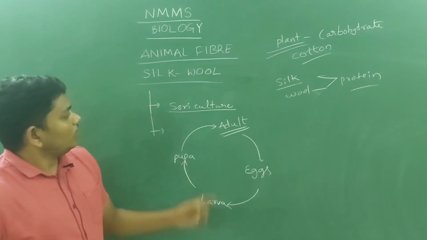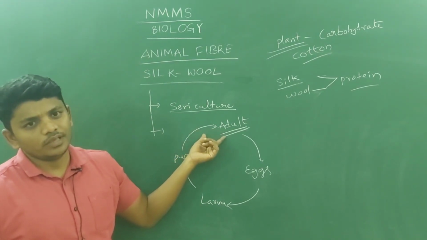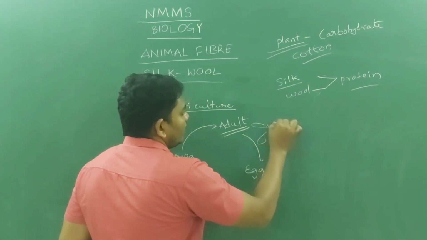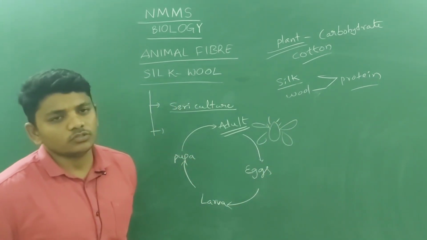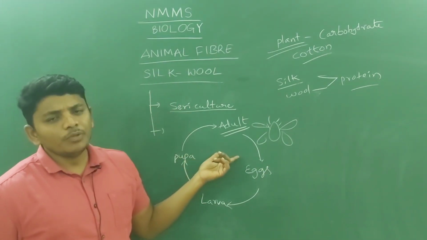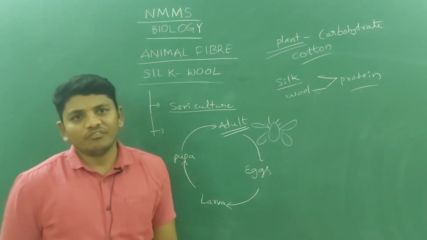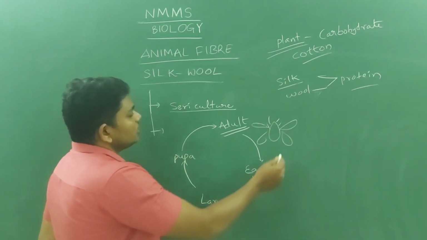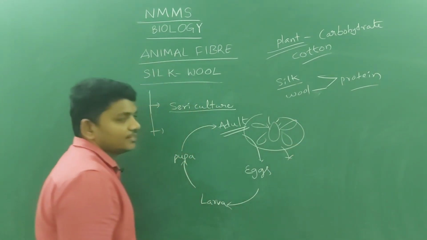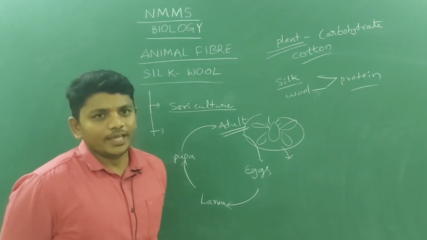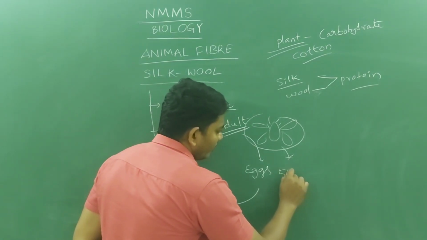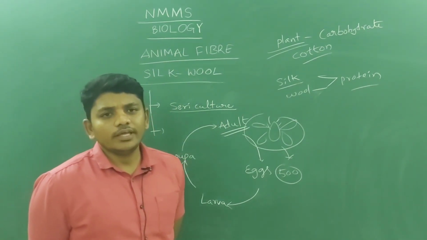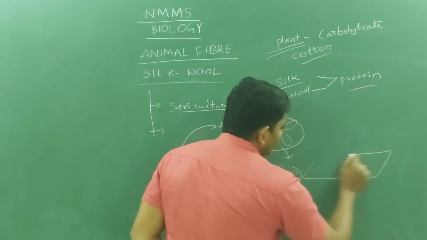You know, in the adult silkworm, you can see wings and legs also. The adult silkworm may look like a butterfly, a small size butterfly. Usually the adult silkworm lays eggs. At a time it can lay 500 eggs. These eggs are usually laid on mulberry leaves.